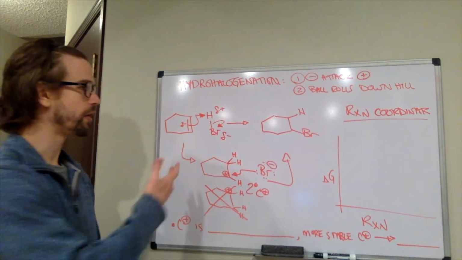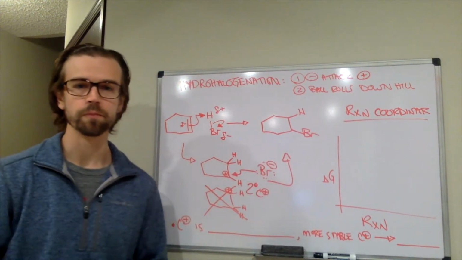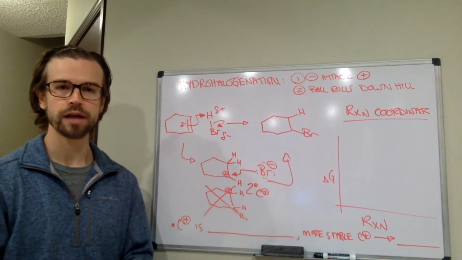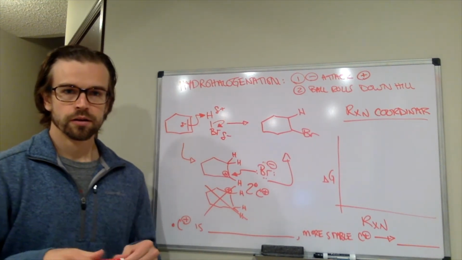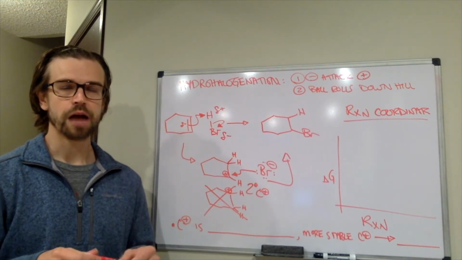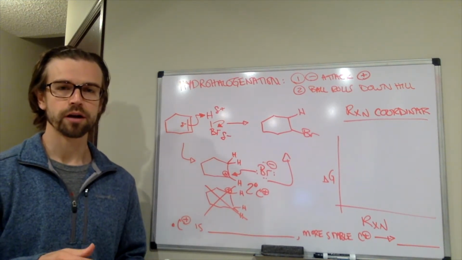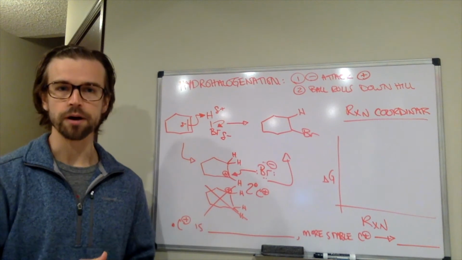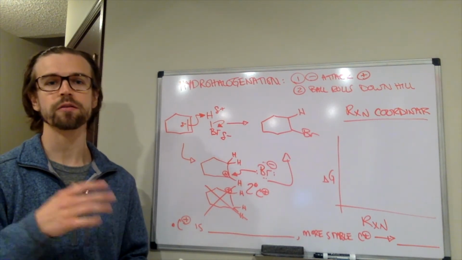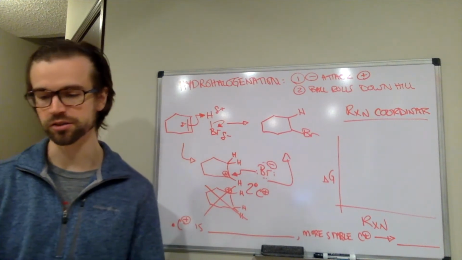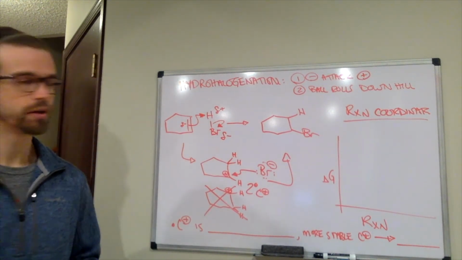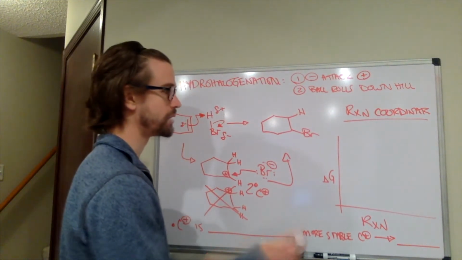So what about our reaction coordinate diagram? Will this be an exothermic reaction or an endothermic reaction? Okay, so we got rid of a pi bond. Are those strong bonds or weak bonds? We got rid of a pi bond, that's a weak bond, and we formed sigma bonds. Sigma bonds are strong bonds, so this should be an exothermic reaction.